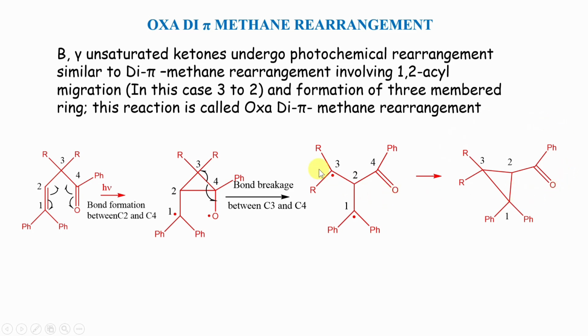Here the acyl group shifts from the third carbon atom to the second carbon atom, a 1,2 shift of the acyl group. That is the Oxa-di-pi-methane rearrangement.